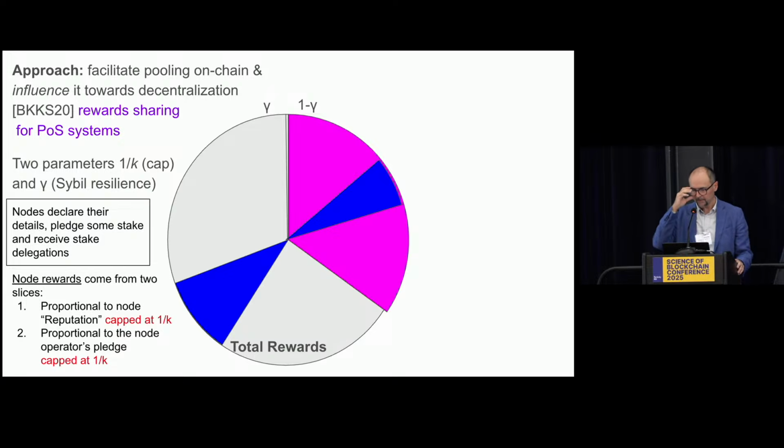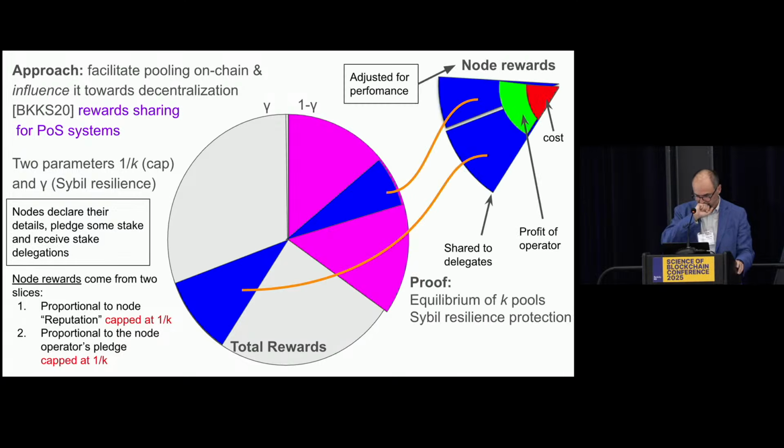Given this setup, the node rewards can come in epochs and can be divided into two slices. One is proportional to the node reputation, which is the stake delegated, and the other is proportional to the node's pledge. A key characteristic of the mechanism is that we cap those slices to a specific barrier, which is controlled by a parameter k. So the barrier is like 1/k of the total rewards.